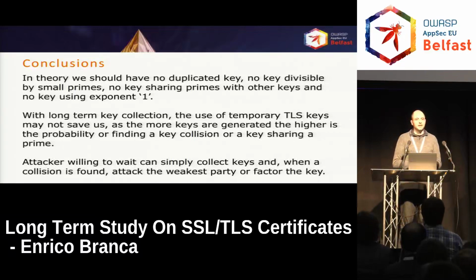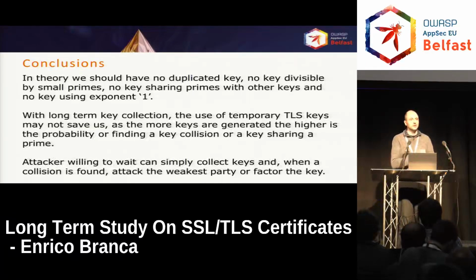what happens? By collecting keys, you will immediately be able to know, the moment the keys are created, if any key is broken. What it means is that it doesn't matter if you have a self-signed certificate or an extended validation certificate. Doesn't matter if you have an OpenVPN or an encrypted firmware.